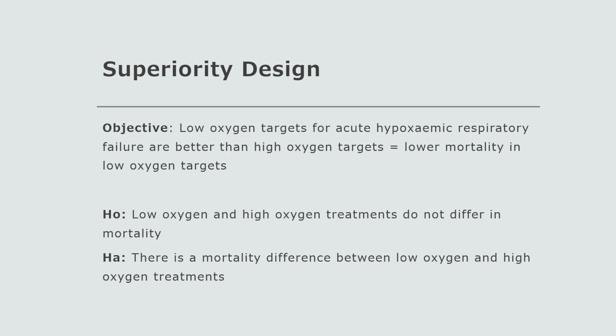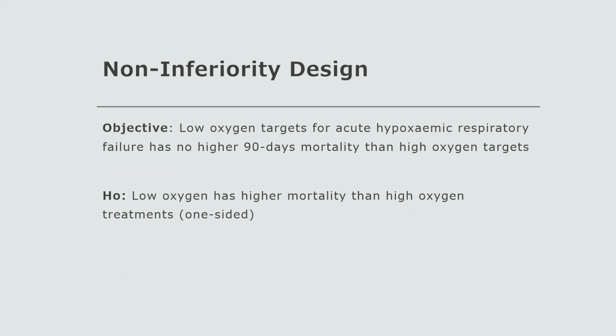And if we go into the non-inferiority design, there we would say that the low oxygen targets in respiratory failure have no higher mortality than the high ones. And one of the nulls we could test is that low oxygen targets have higher mortality than high oxygen treatments.